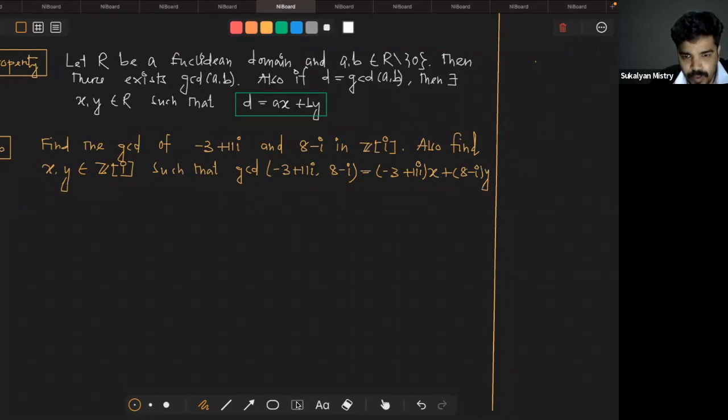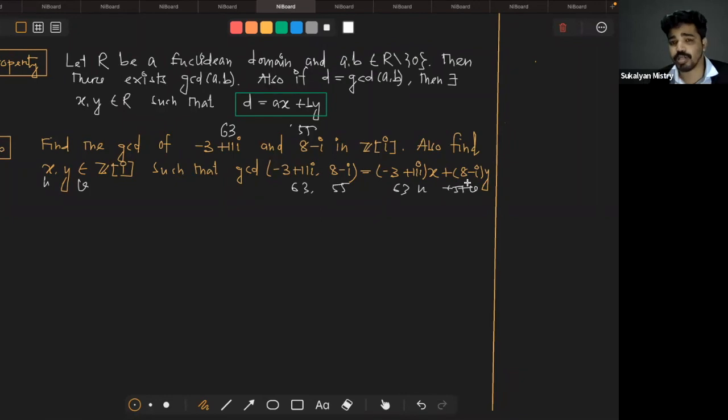So what we see: when we did the integer problems, the last problem, 63 and 55, was to find two integers u and v such that GCD of 63, 55 is equal to 63u plus 55v. Same type of problem.